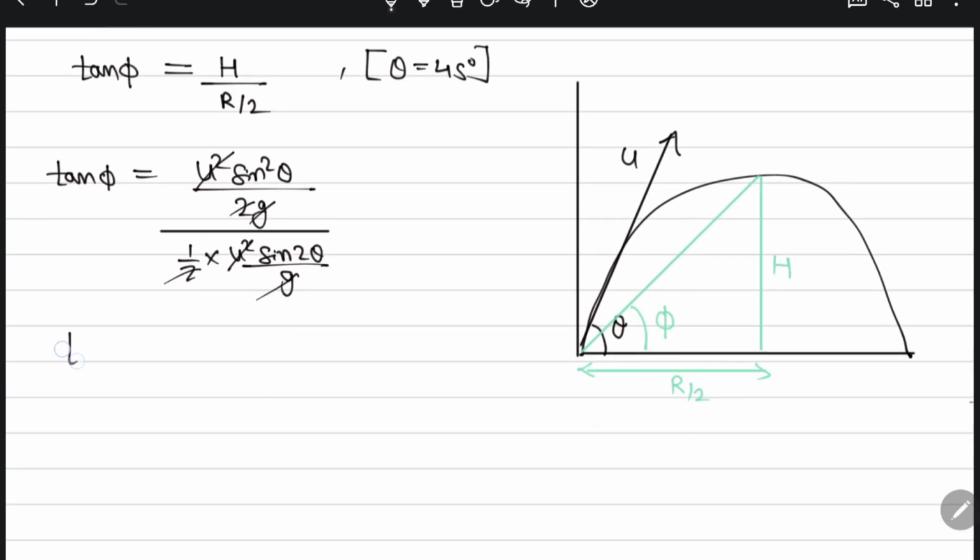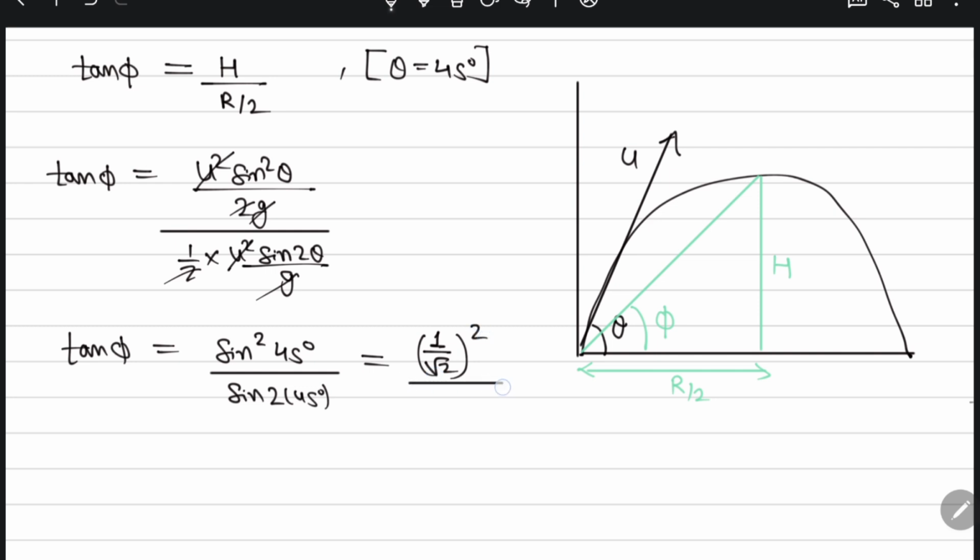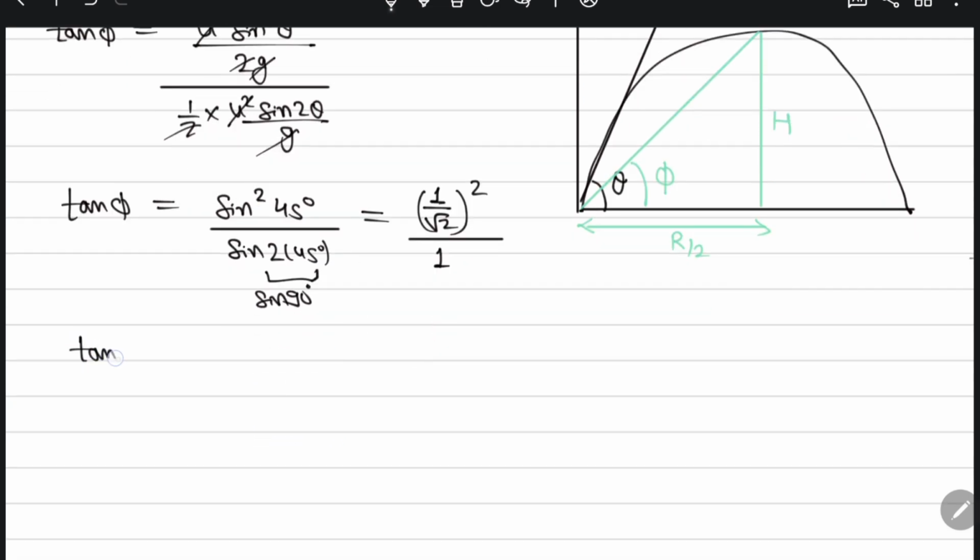So here what is left is tan phi is equal to sine square 45 degree divided by sine 2 times 45 degree. So sine 45 degree is 1 by root 2 squared, and that is sine 90. Sine 90 is 1. So tan phi is equal to 1 by 2.